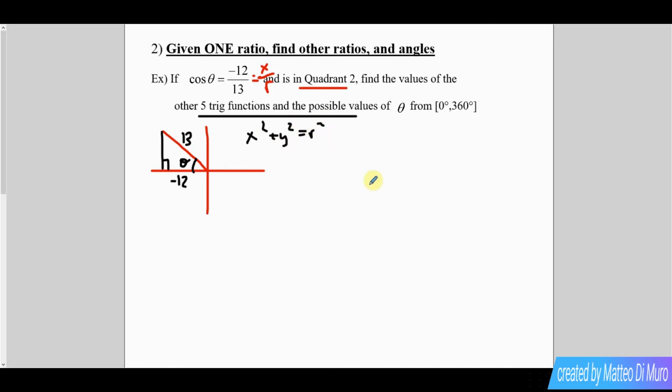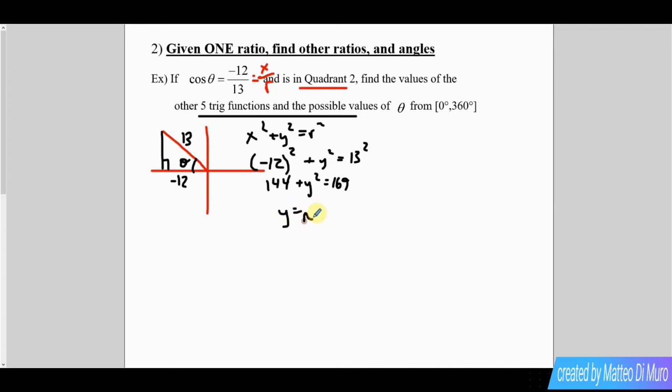I can't believe this thing from grade 8 comes back, but here we are. So if we're solving for y, we can plug in x is negative 12, don't forget the brackets, plus y squared equals r squared, which is 13 squared. Do the math. So you get 144 plus y squared equals 169. Subtract 144 from both sides.